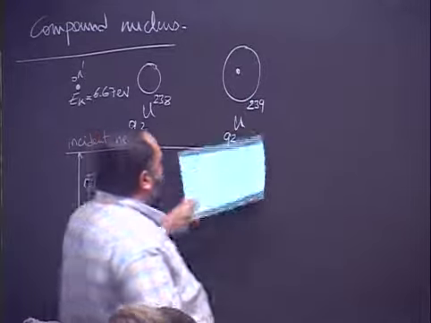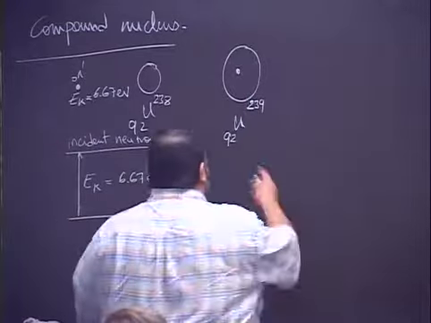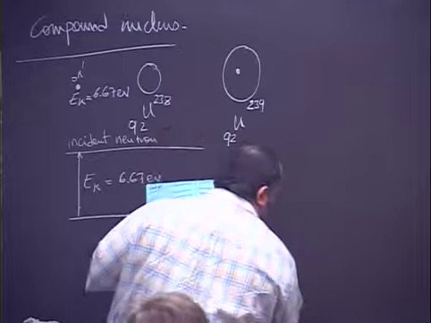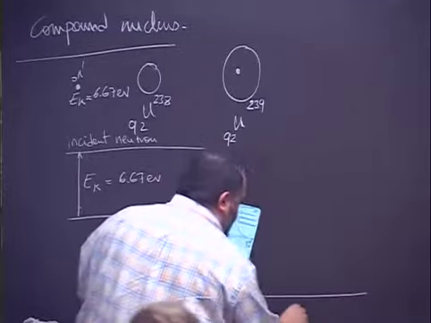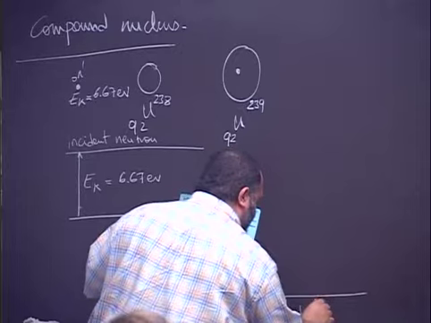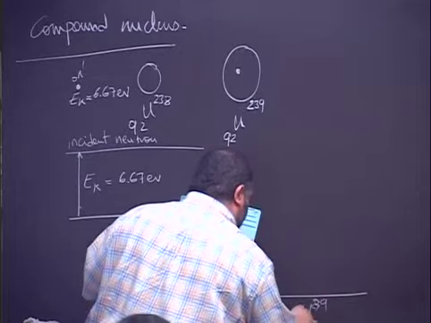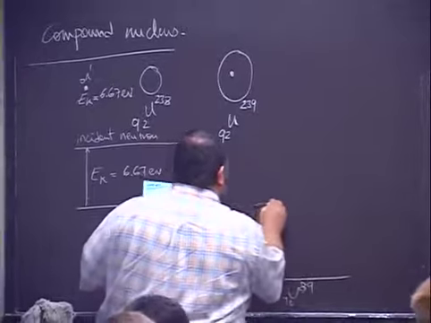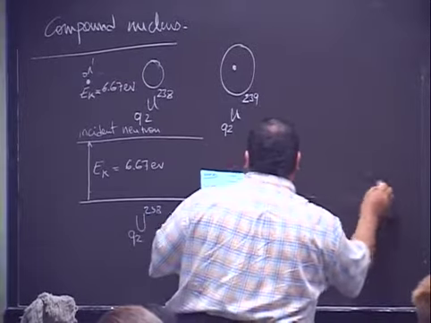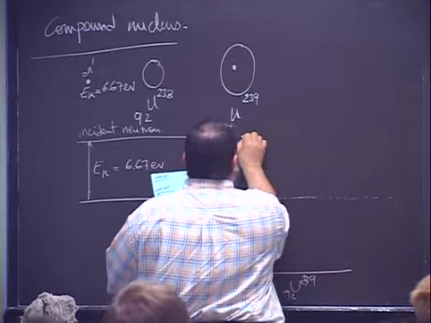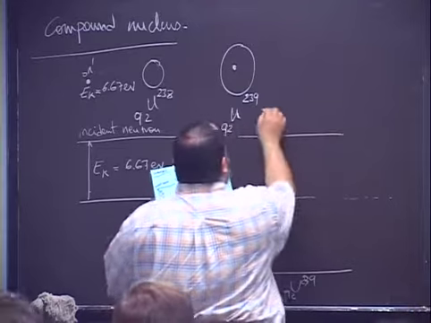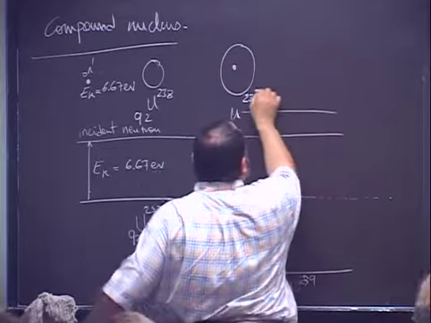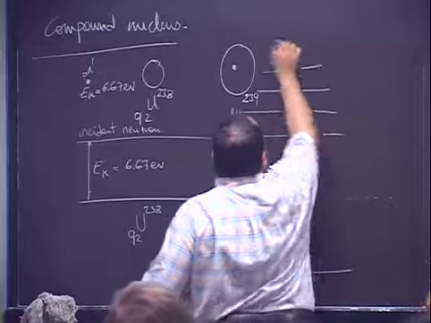Once the neutron is absorbed by the uranium-238, it will form the uranium-239 nucleus, and this is again a transitional state. Then we will have several energy levels in the compound nucleus.